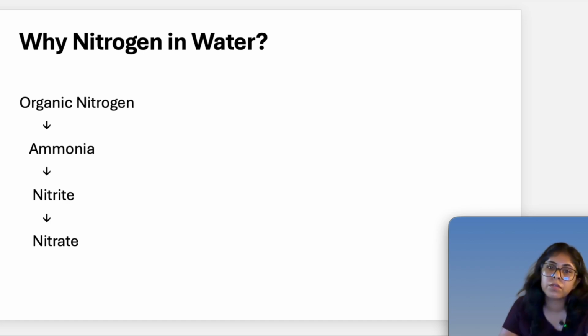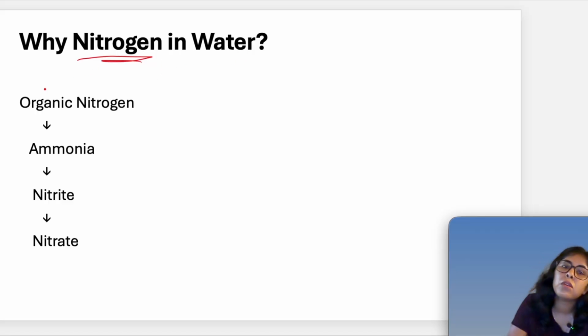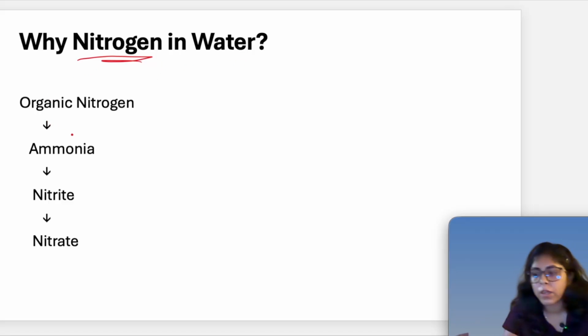So we have to see why there is nitrogen in the water, how and why. So you see that there is a lot of organic compound in the environment. So we are throwing organic waste into the water. So human urine is full of urea. Urea is nothing but made of nitrogen.